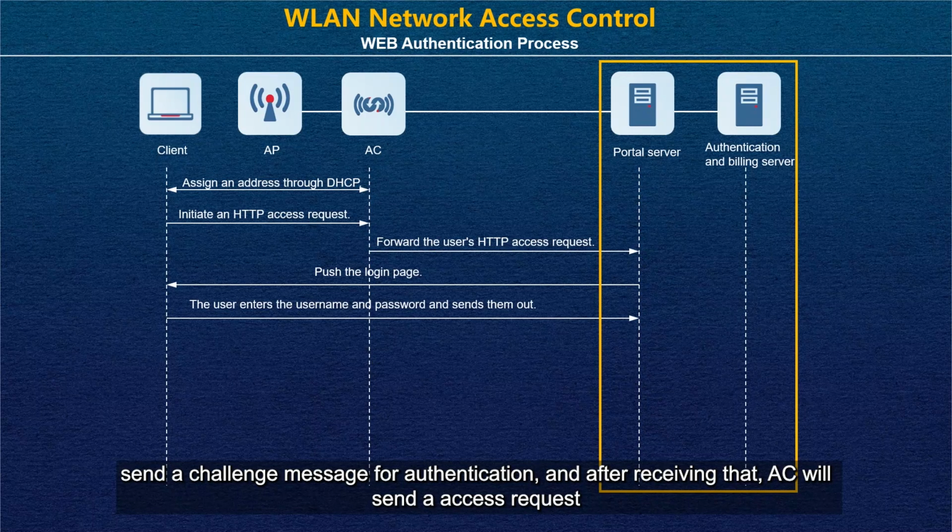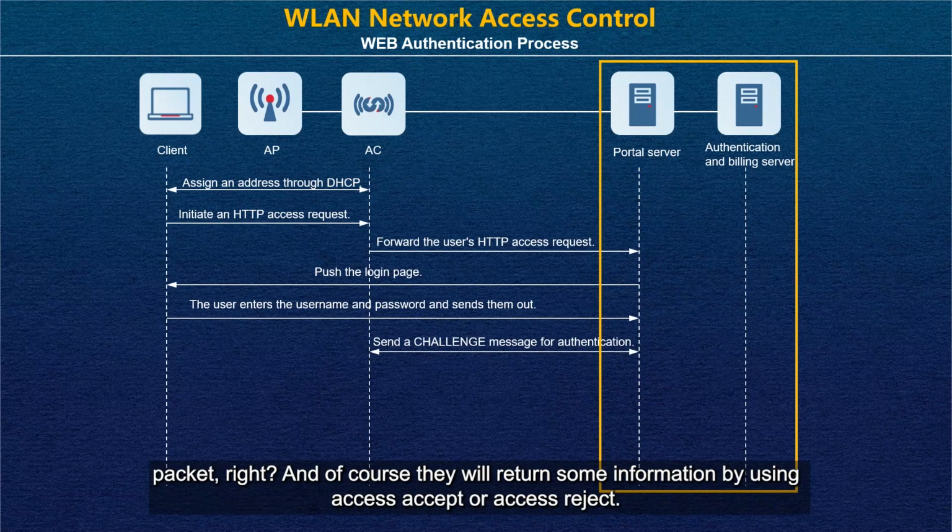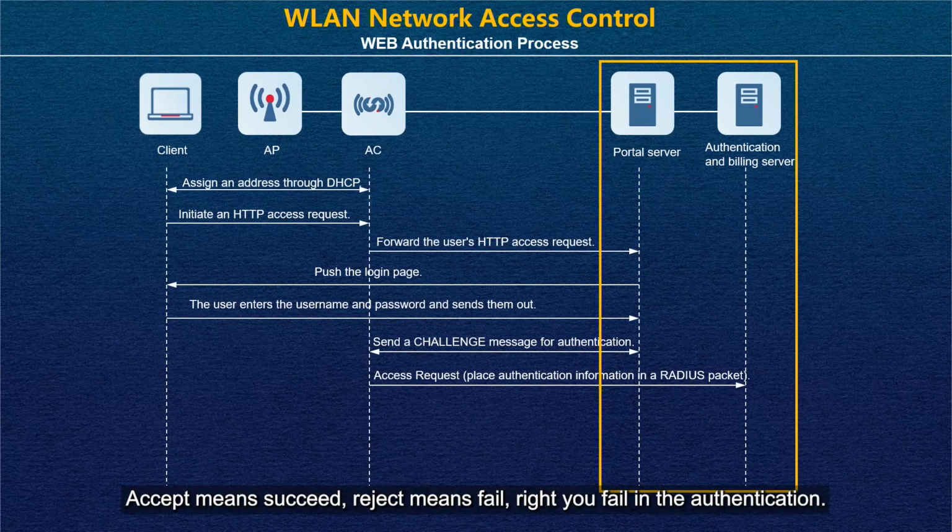And after receiving that, AC will send an access request to the authentication and billing server, placing authentication information in a RADIUS packet, right? And of course, they will return some information by using access accept or access reject. Accept means succeed. Reject means fail.